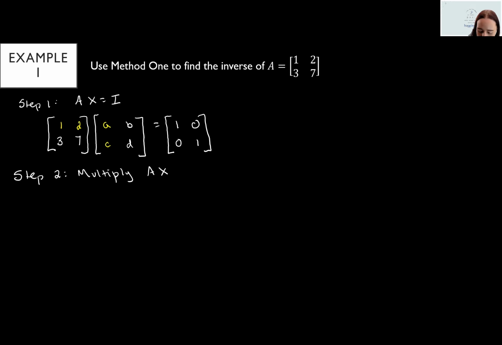And so row times column gets put where the top left is, for this first row, first column. So it's going to be 1 times A, which is just A, plus 2 times C. I don't know why my pen's being so weird here.